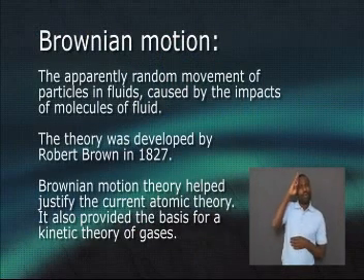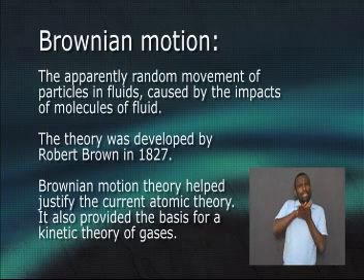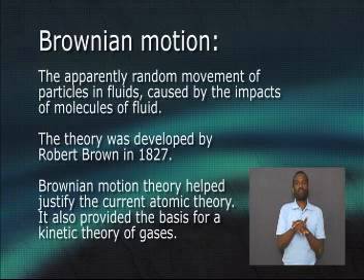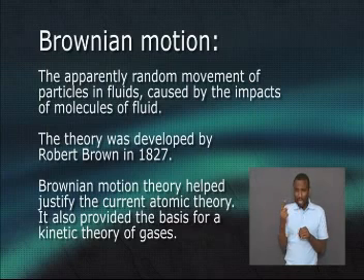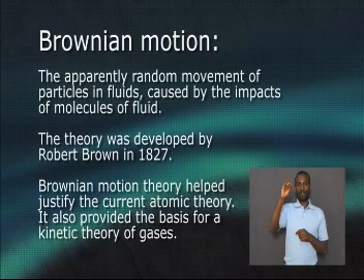Brownian motion is defined as the apparently random movement of particles in fluids caused by the impacts of molecules of the fluid. The theory was developed by Scottish botanist Robert Brown in 1827.